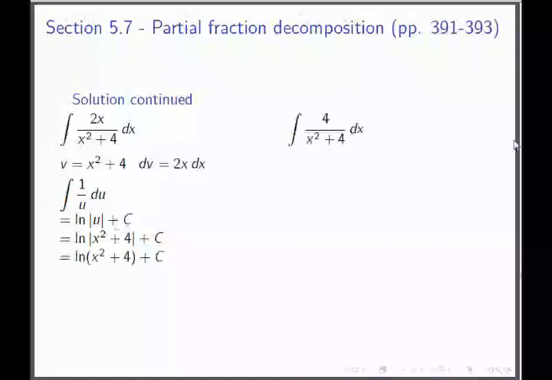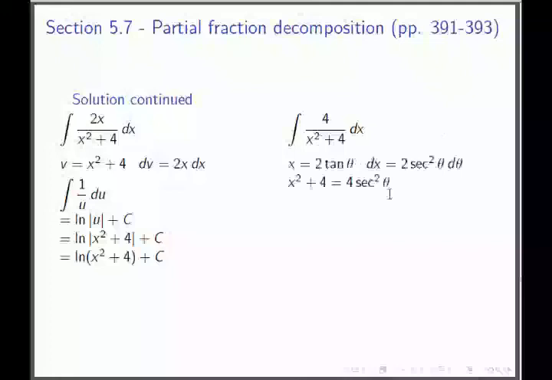Okay, next, this last integral is 4 over x squared plus 4. I'm going to go ahead and do this by trigonometric substitution because I see this x squared plus 2 squared. So I'm going to let x equal 2 tangent theta, then dx will be 2 secant squared theta d theta, and x squared plus 4 will end up being 4 secant squared theta.